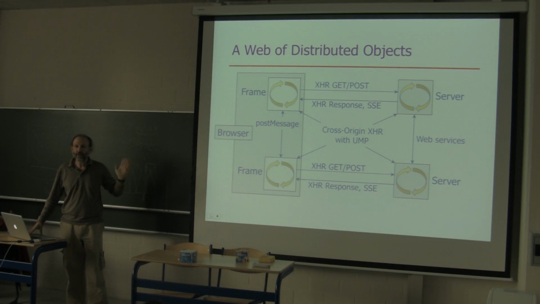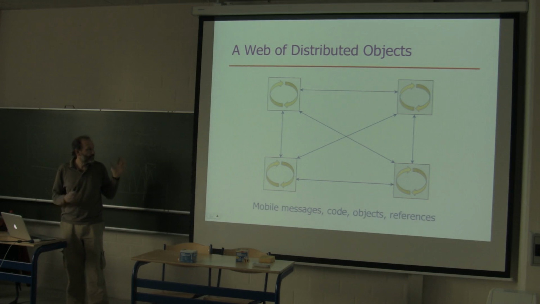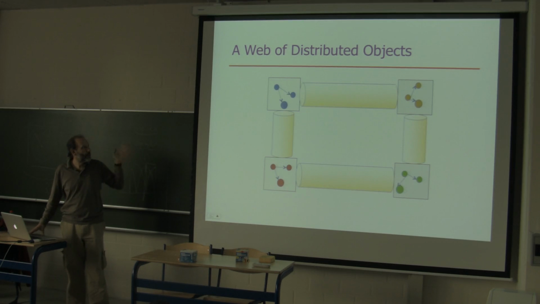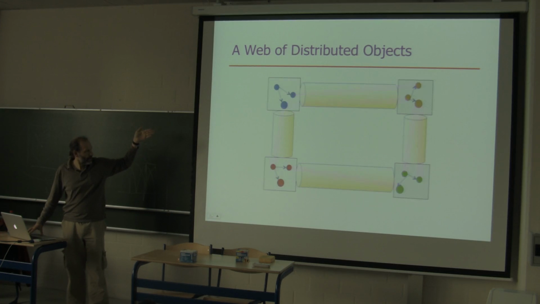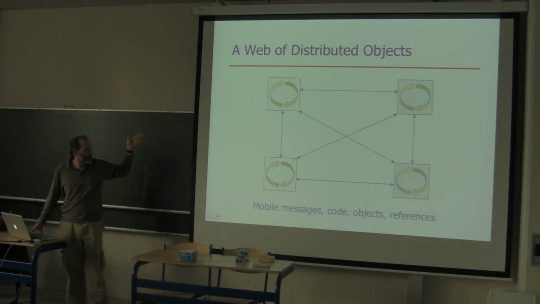If we could only abstract over all these annoying differences, we could program to this uniform symmetric model, and if we can shift our focus of attention from the event loops to the objects, then we would also consider these channels for communicating between the event loops to just be a transport over which multiple object references are multiplexed, and where the object references remotely, as with locally, carry messages, code, objects, and references.